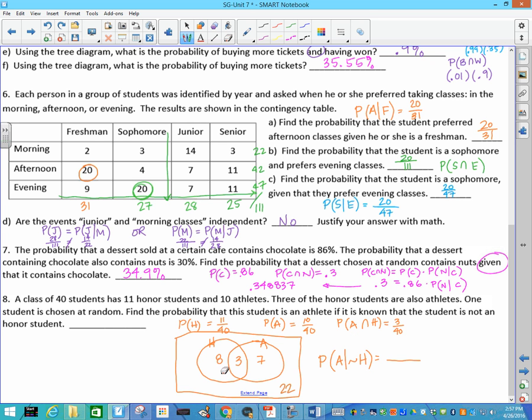Hopefully you can see that's everybody except for what's in here. So that's 29. And how many of those are athletes? That's 7. So your answer is 7 over 29. As a decimal, 0.241379. So as a percent would be 24.1%.